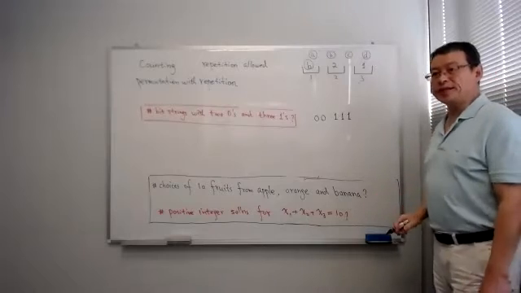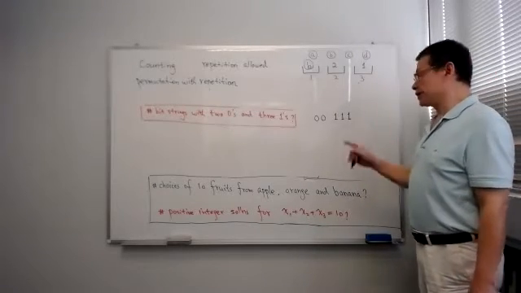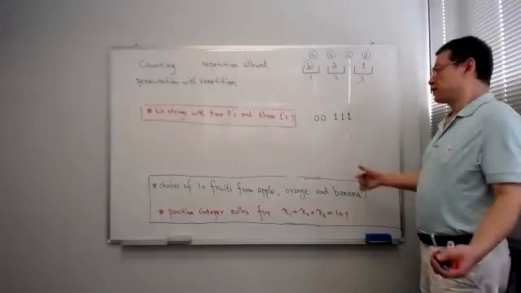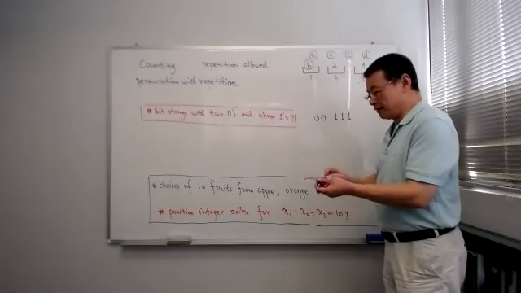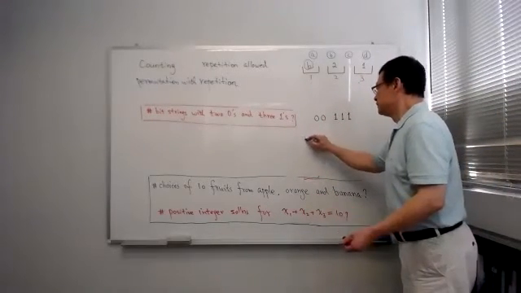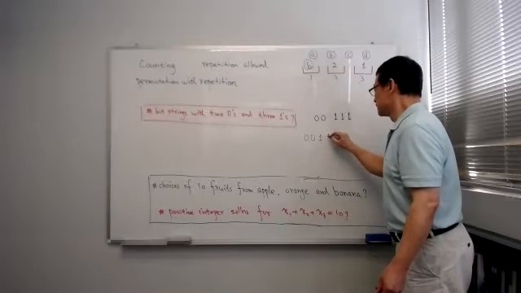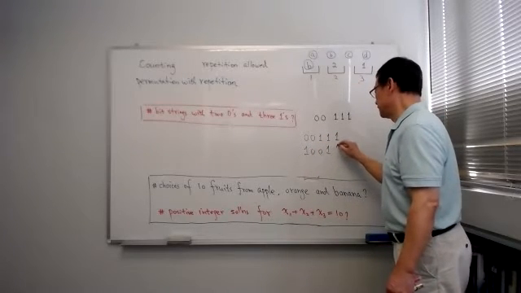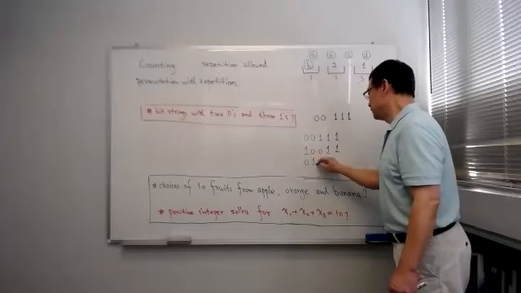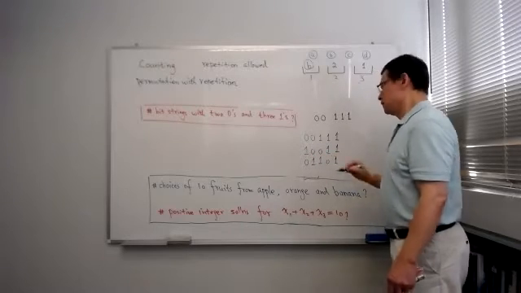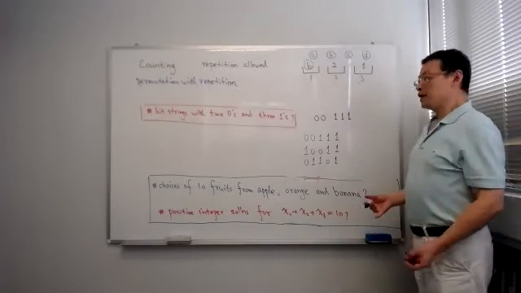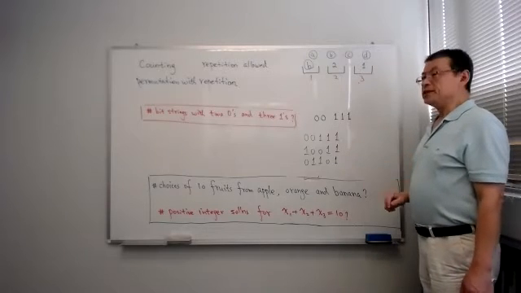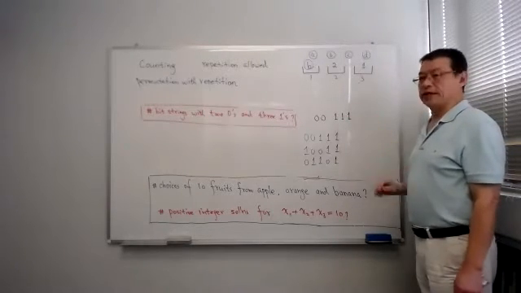How many bit streams can we construct from these 5 symbols? So of course, this one will be one of them. But there are others, such as this one, or this one, right? There are many. How can we determine the number of different bit streams that can be obtained from this one?